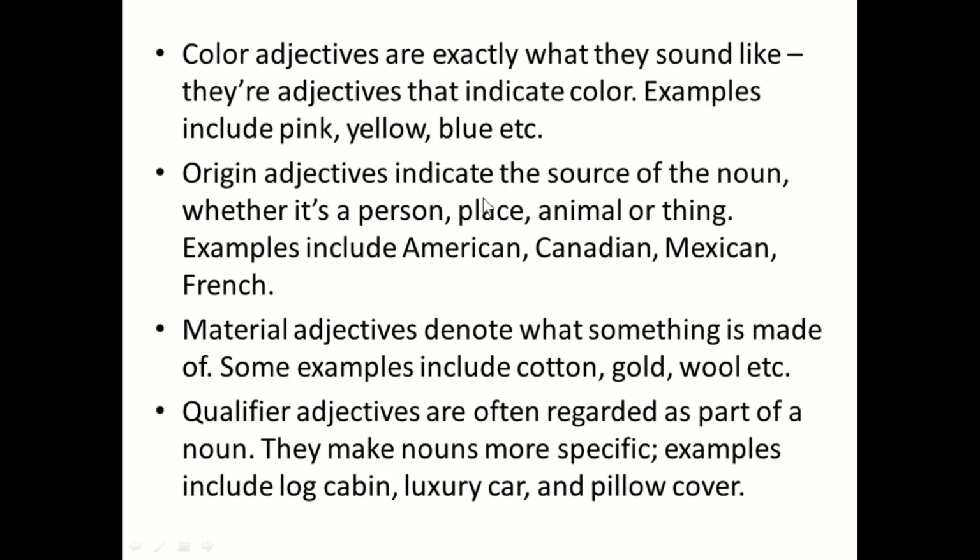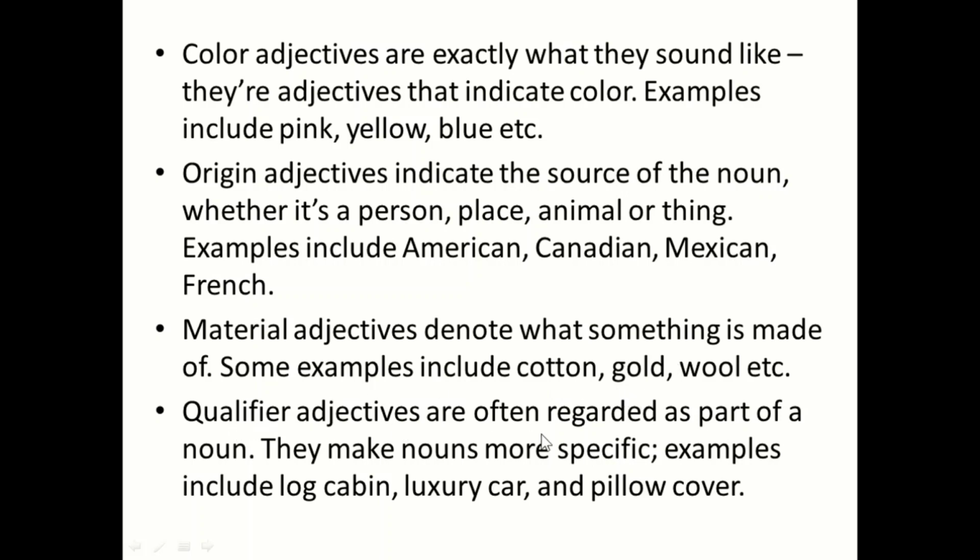Origin adjectives indicate the source of the noun, whether it's a person, place, animal, or thing. Examples include American, Canadian, Mexican, French, and these are proper adjectives that we must write with a capital letter. Material adjectives denote what something is made of. Examples include cotton, gold, wool, etc.